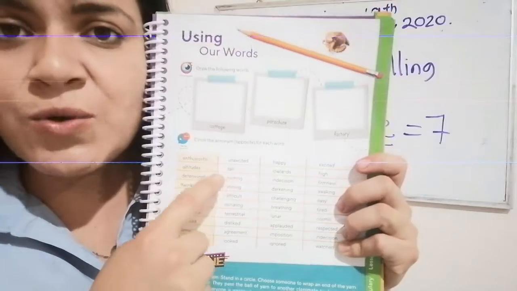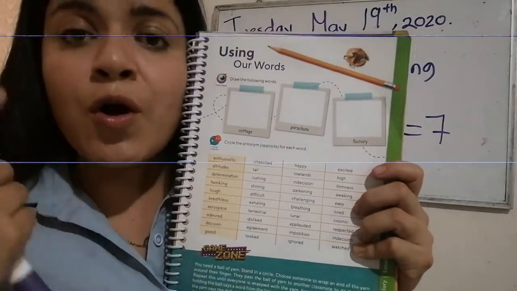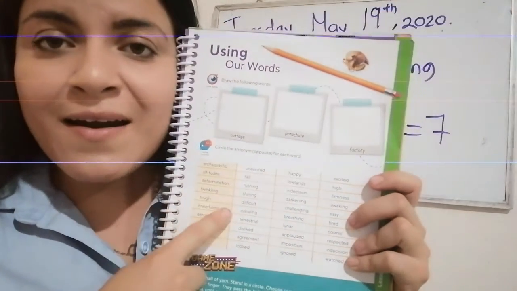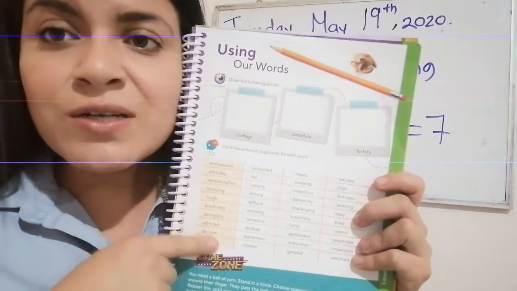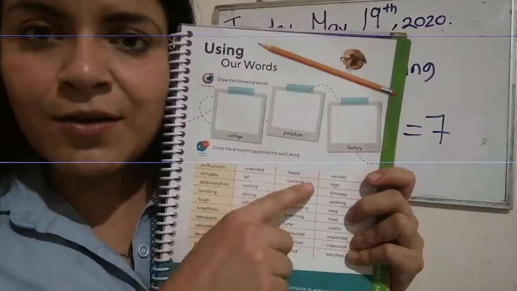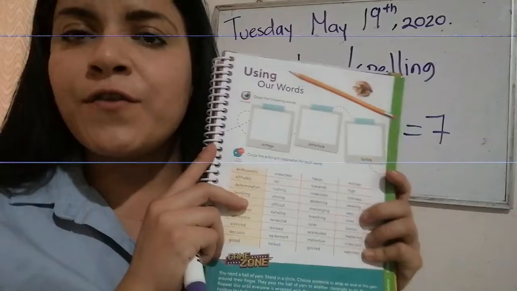In this exercise, you have to circle or underline the words that are antonyms of these keywords. Okay, this is the homework from phonology.